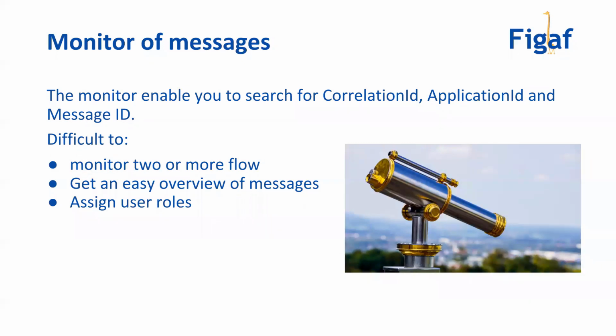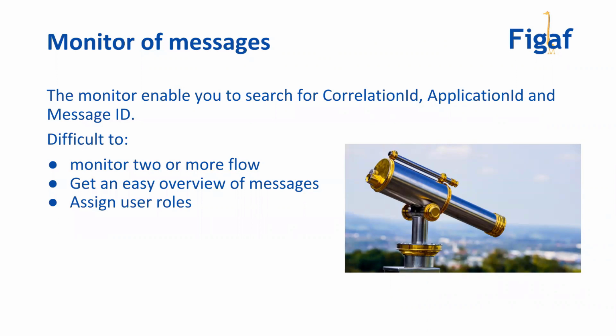Obviously, you're probably seeing that there are some challenges with the monitoring application. You can only search for the correlation ID, the application ID, and the message ID in the standard way. If you use the OData filter, there are a lot of ways that you can also search, for example for sender and receiver ID.